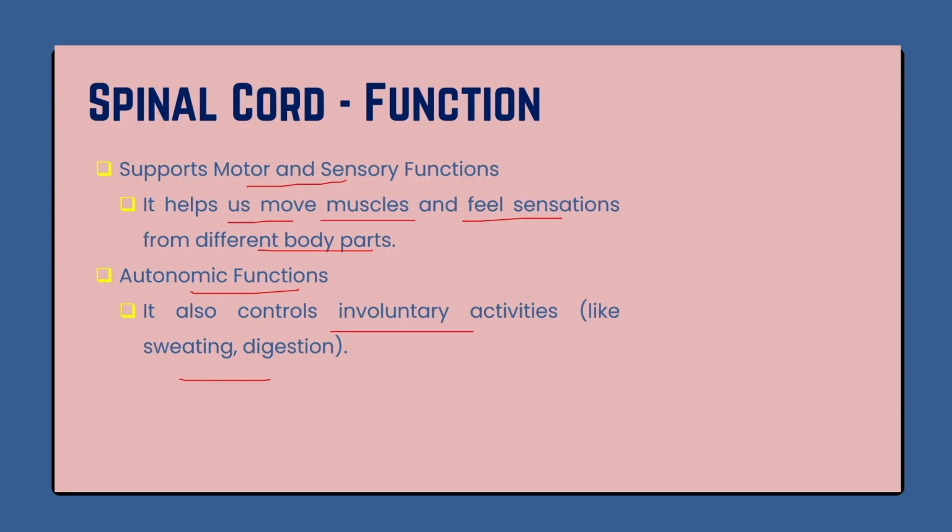So it carries signals, it helps in motor and sensory functions, it helps in autonomic functions, it helps in reflex actions also. Now, reflex action is one of the most important, very central functions of spinal cord. Spinal cord is something that keeps you safe, immediate safety. So we need to know more about reflex action. We'll study about that too now.